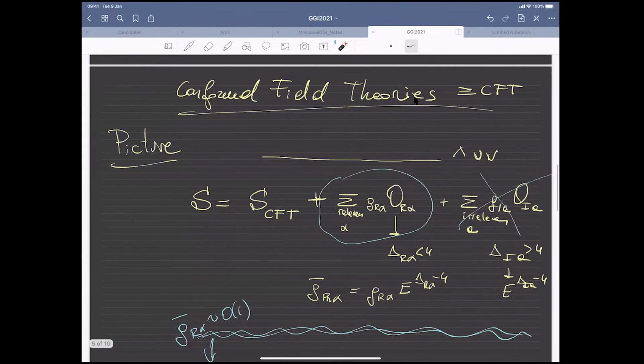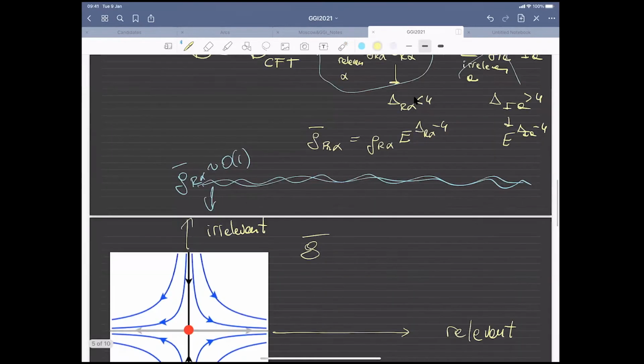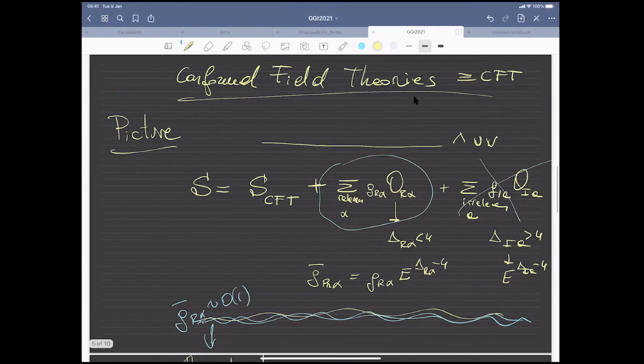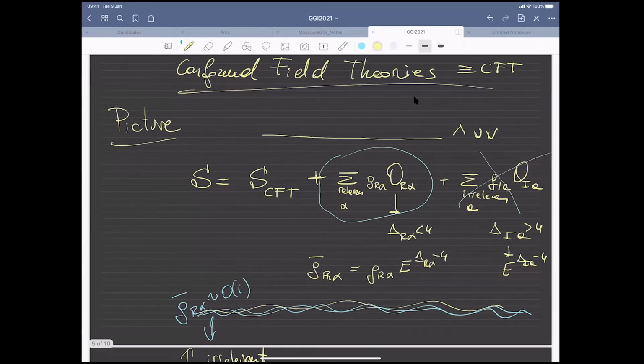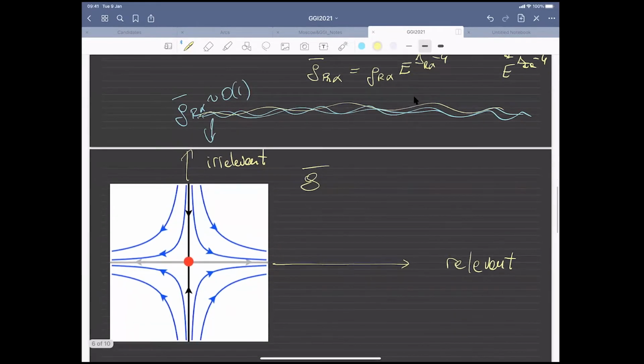And in a sense, the presence of this other higher scale is simply signaled by the fact that you are eventually driven again away from the fixed point. So again, the picture is usually this: you approach a fixed point, you linger close to it, and then you run away.